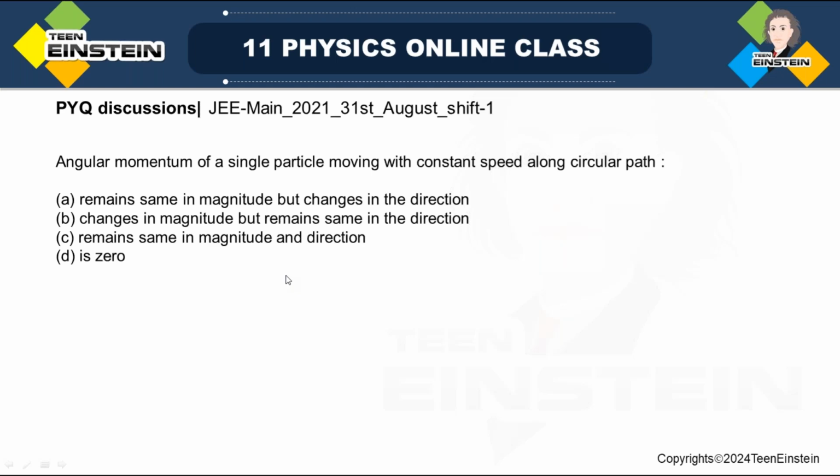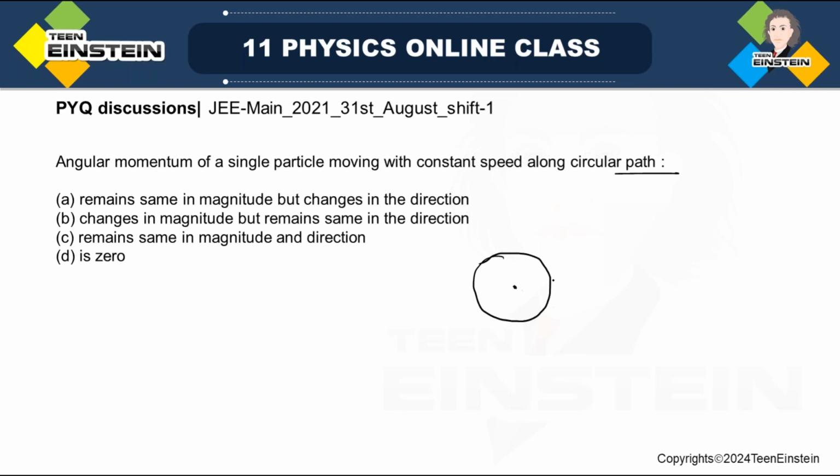Before solving that, let me quickly discuss this problem. Angular momentum of a single particle moving with constant speed along a circular path. So suppose a single particle is moving in a circular path. What is the physics over here?